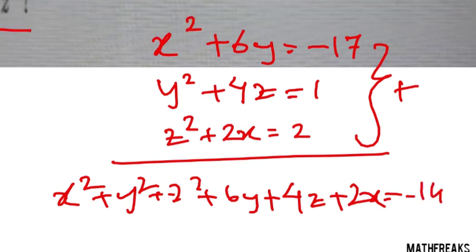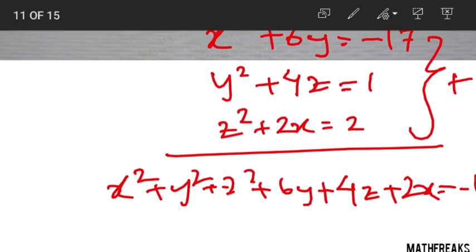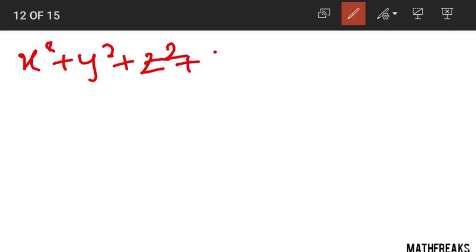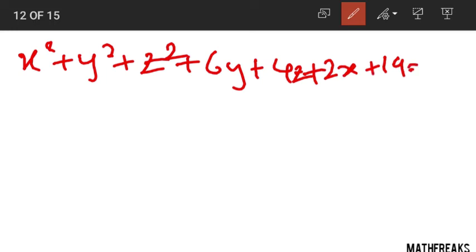Now bring the 14 this side. Okay, so x square plus y square plus z square plus 6y plus 4z plus 2x plus 14 is equal to 0. I hope this is the equation.